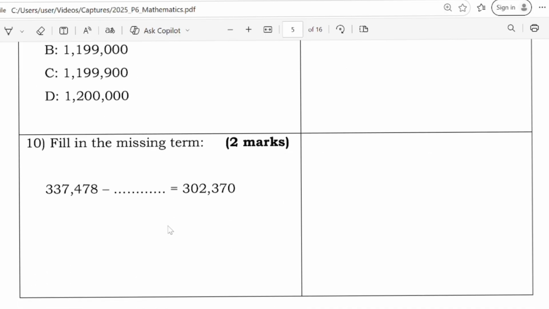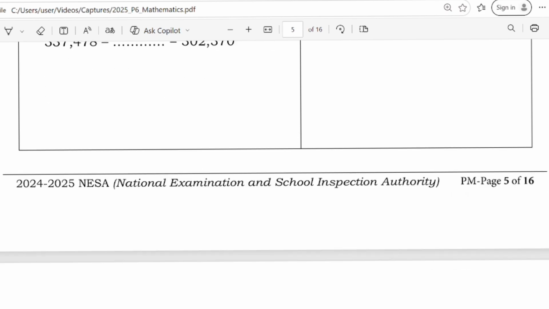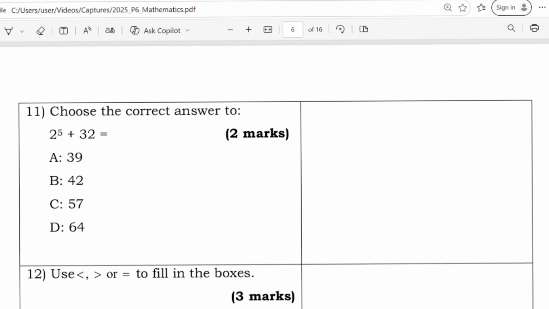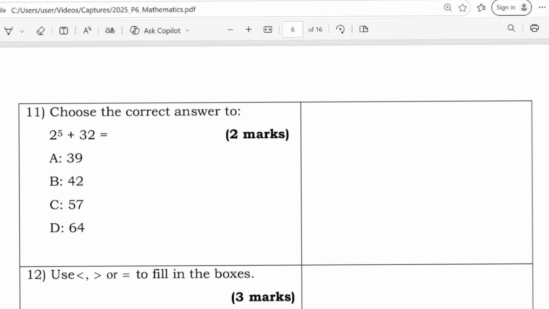And then number 10 is to fill in the numbers. You see that the number was subtracted from this number, and then they got 300,000, 2,000, 370. Yes.